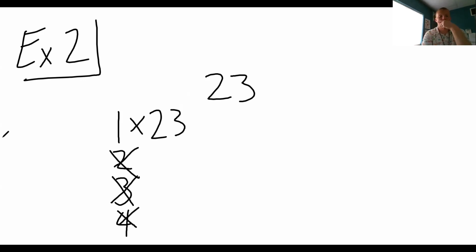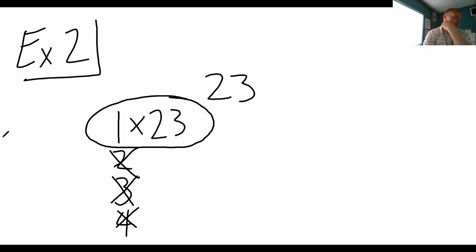Nope. So I'm seeing a common thing here. There is nothing else that goes into 23 because 23 is considered a prime number. The only numbers that multiply to equal it are 1 times 23. Only numbers that you can multiply by it and itself.